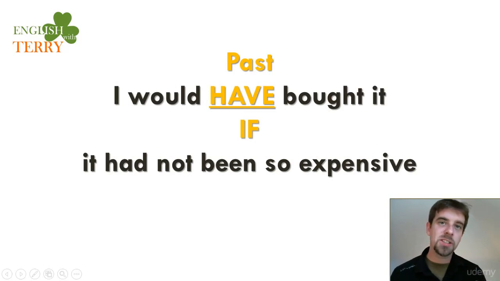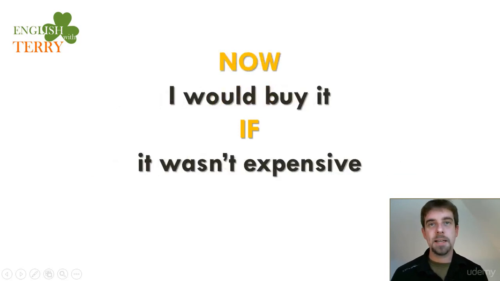In my experience, the number one problem when people start to use these conditionals is that they forget the word have, and it's confusing for the other person. If you don't have the word have and you say, I would buy it, I understand you are speaking about now.